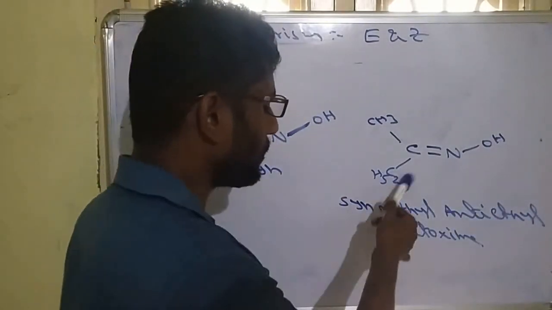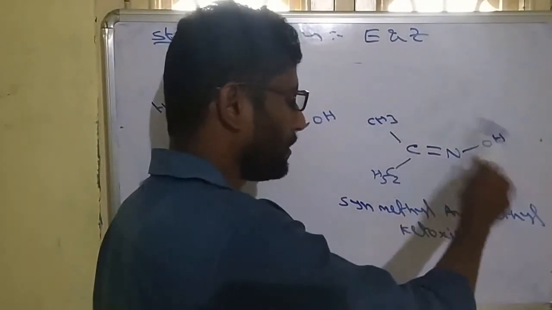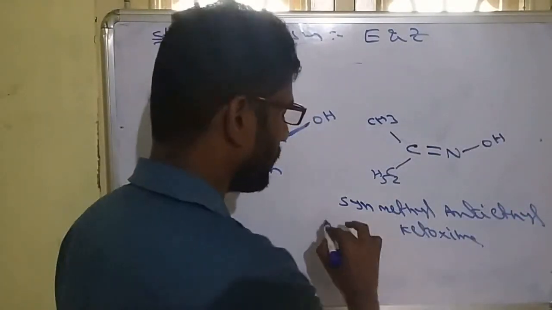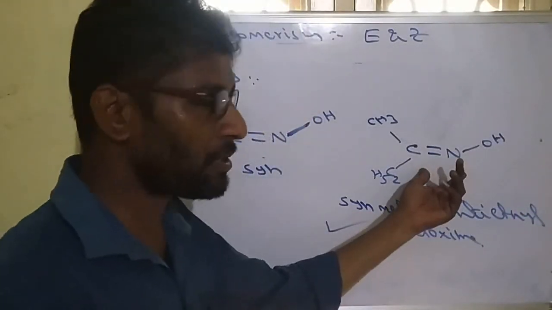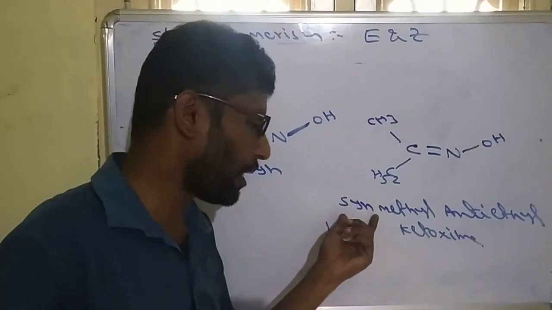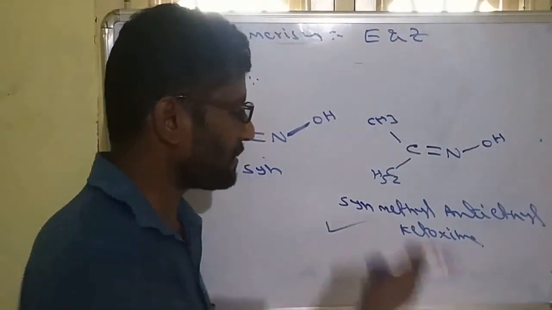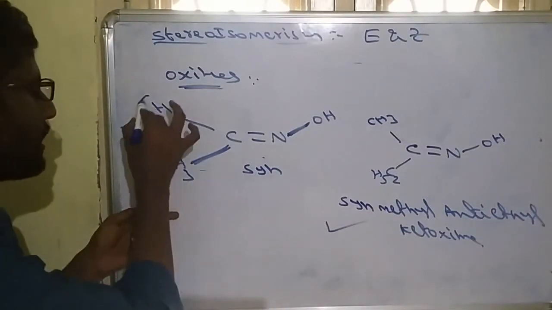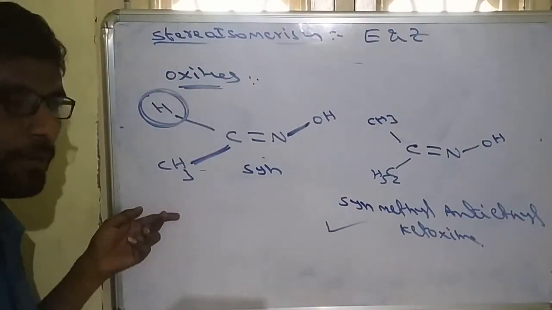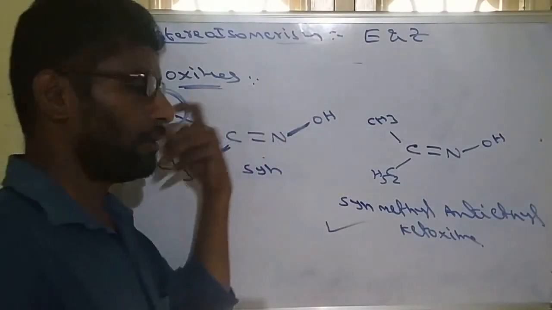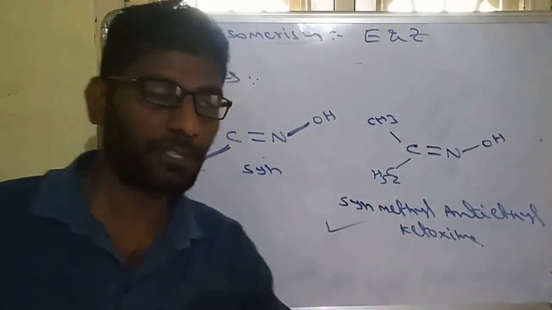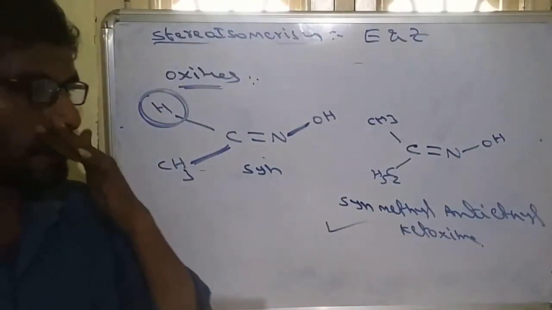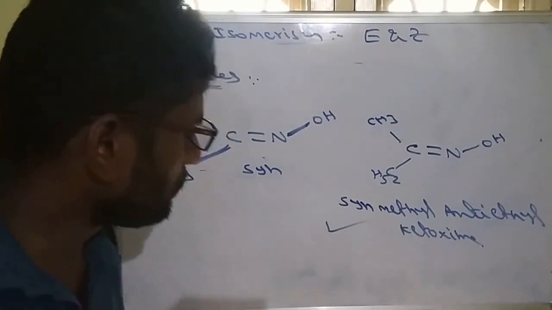Or if we write ethyl first, anti-ethyl syn-methyl ketoxime. So like that we can write. In ketoximes we have to identify both syn and anti, because both are alkyl. But in aldoxime, hydrogen is directly there, and with the help of the hydrogen position relative to the OH, we can identify which is syn and which is anti. So this is the geometrical isomerism.